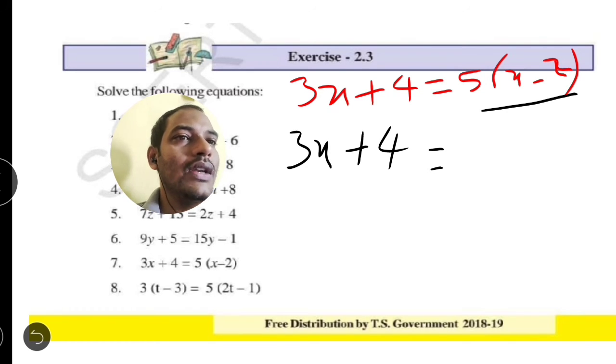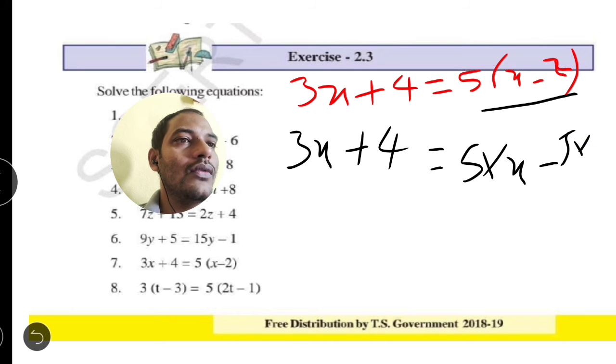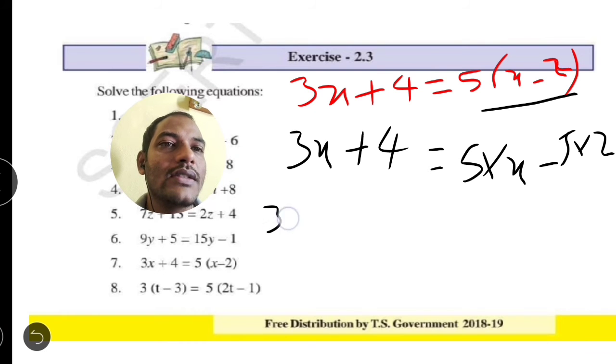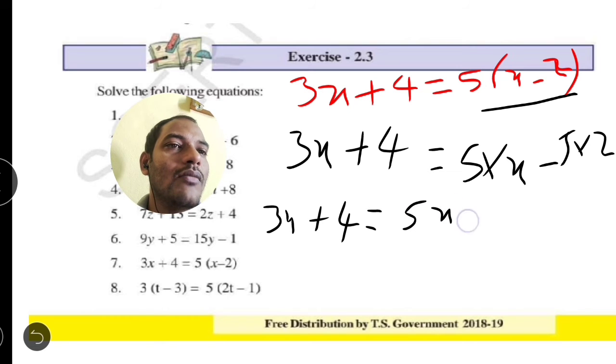So 5 into x minus 5 into 2. So 3x plus 4 equals 5 into x is 5x, minus 5 2s are 10.